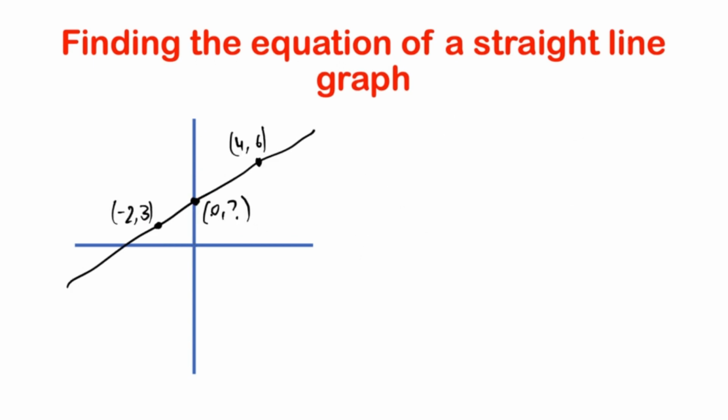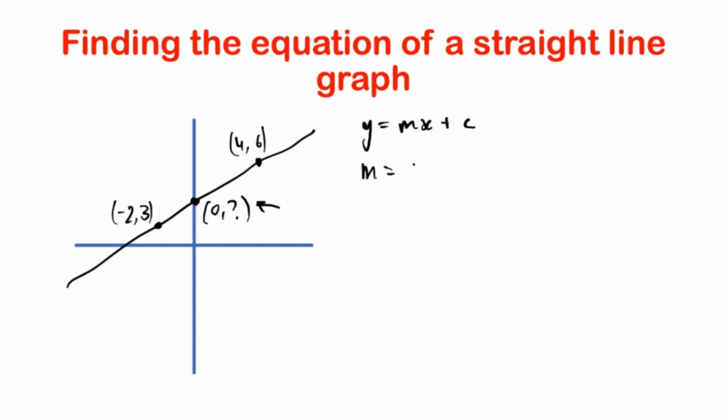All right, last question. We have two coordinates and we need to find this coordinate, where the line crosses the y-axis. So we're going to start off by writing our equation, y equals mx plus c. And then we find the gradient.